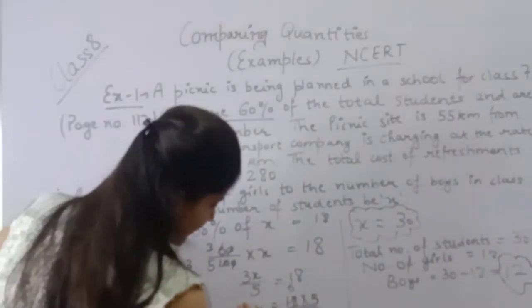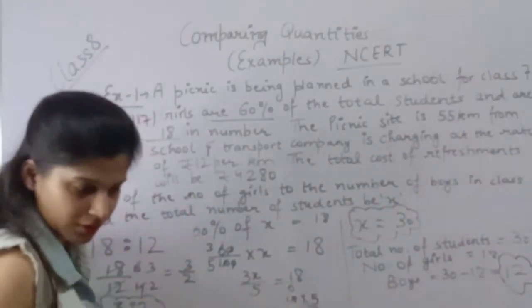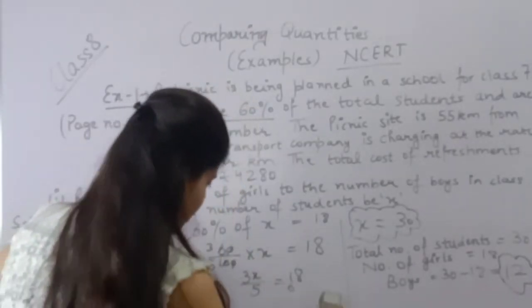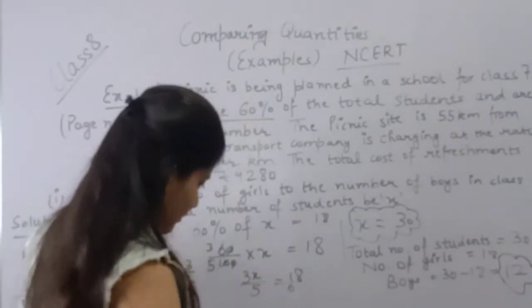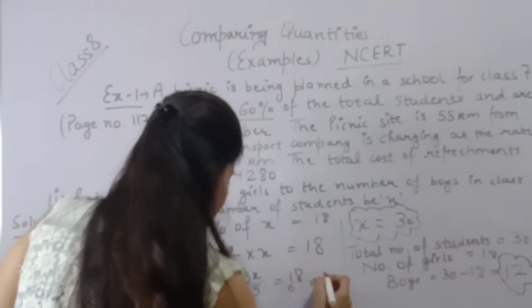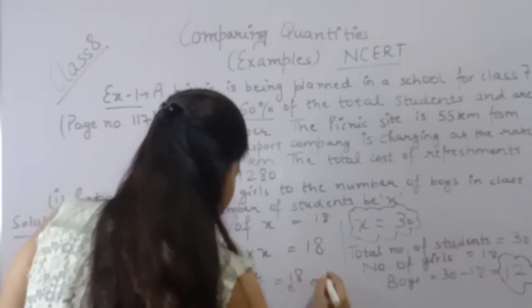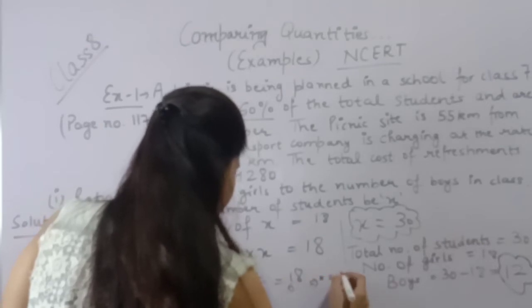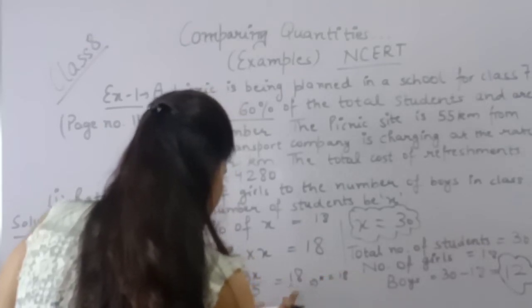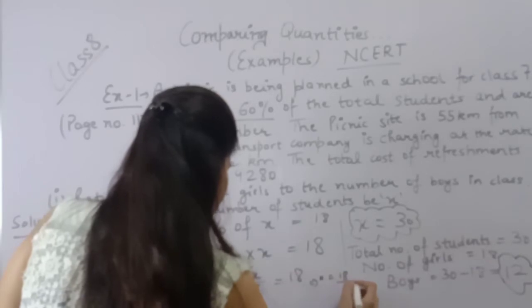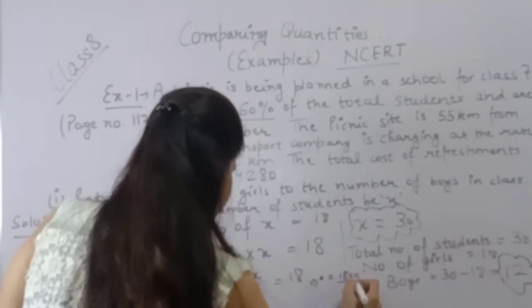Okay, so this is 3x, x equals to 18 into 5/3.